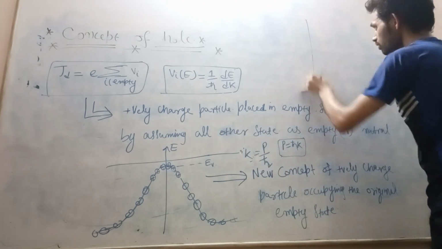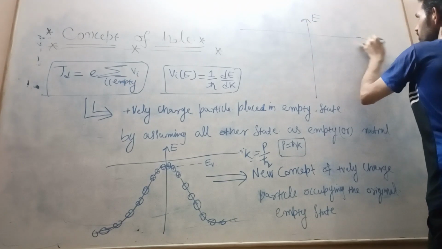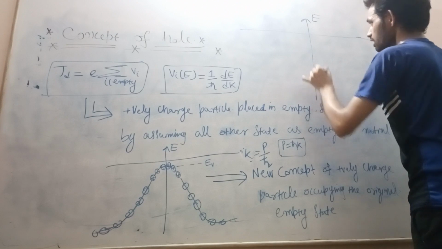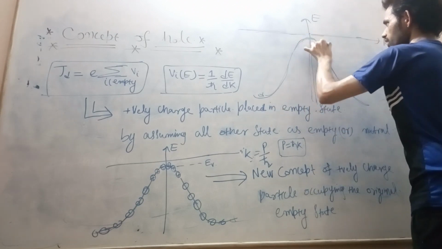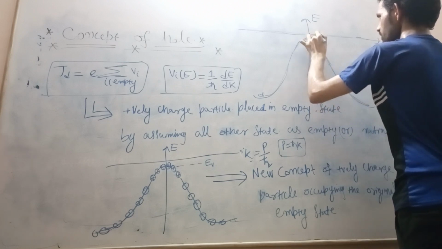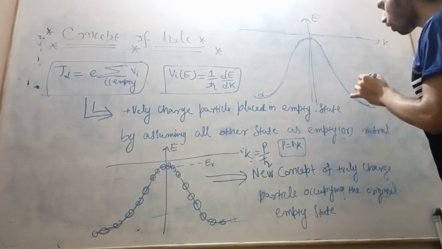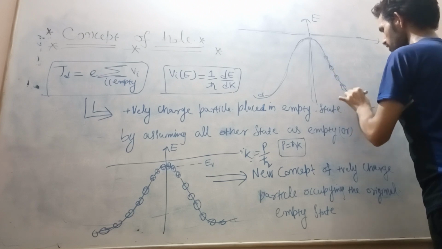And you see here the E versus k diagram, which is related to this also. This is my E-k diagram near the top of the valence band, which is almost filled with electronic filled states.